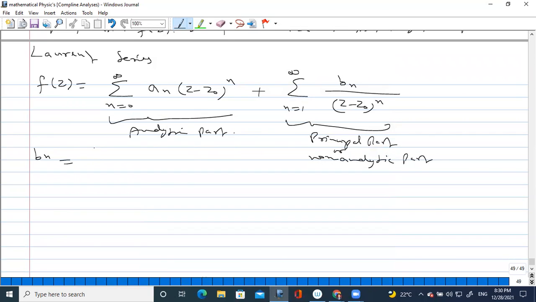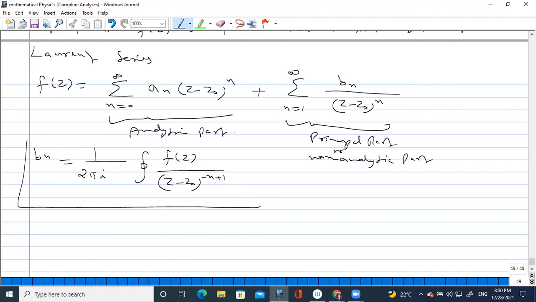b_n is equal to 1 upon 2 pi i, made by integral of f(z). So integral of f(z) divided by (z minus z0) to the power minus n plus 1, dz. This is the formula of b_n. Okay, and n values are 1, 2, 3, starting from 1, not from 0.